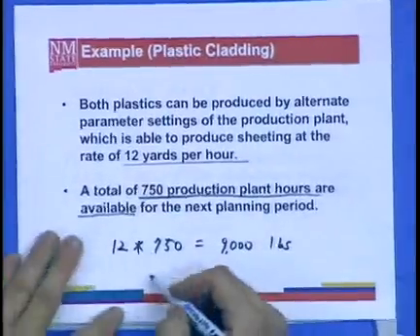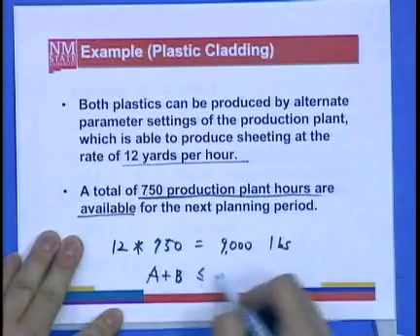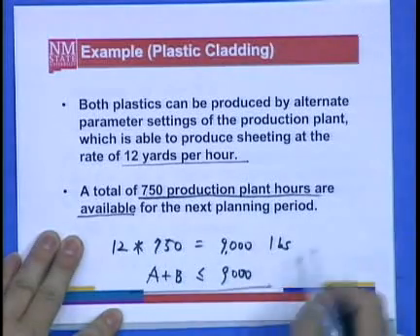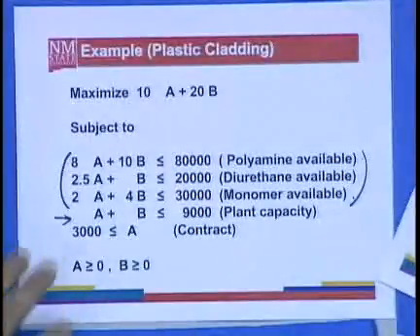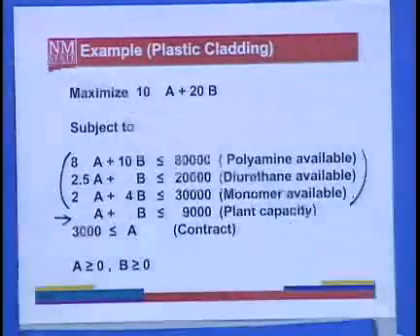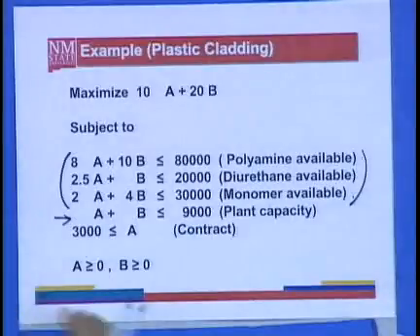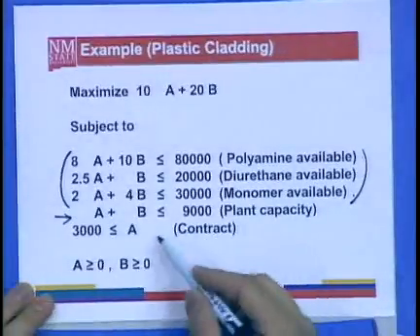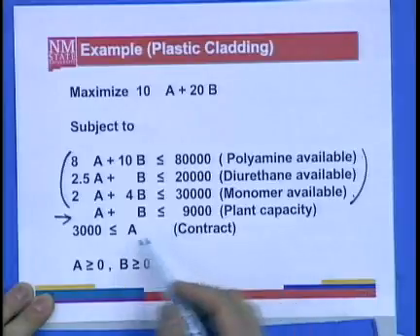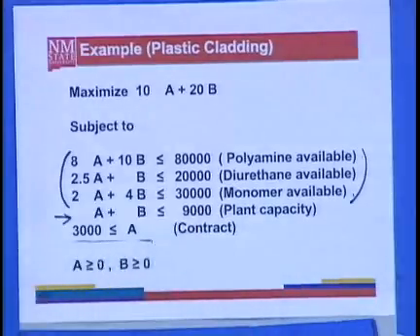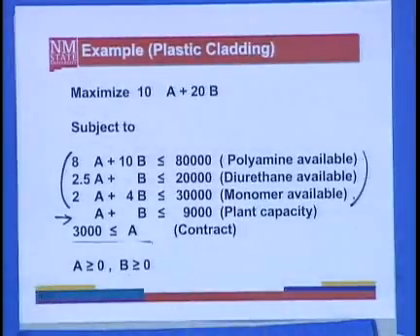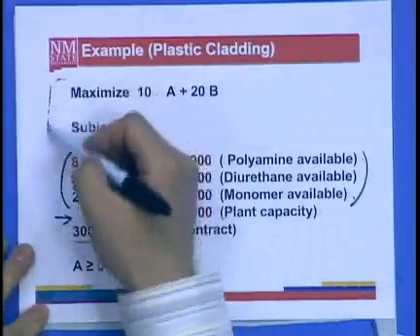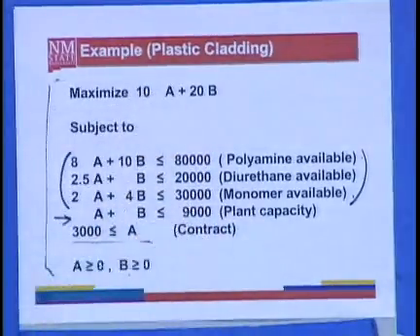That's why we have A plus B less than or equal to 9,000 as a constraint here. Okay? And the last constraint represents the contract requirement. The company needs to deliver at least 3,000 yards of N-Color. And adding the non-negativity restrictions for each variable A and B, we have completed the LP formulation for this problem.